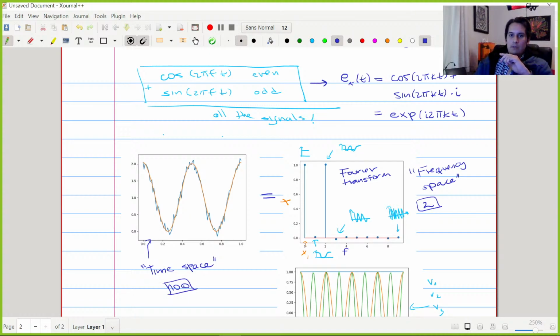So you can see maybe how this can have an influence in compression. You can, for example, take a signal, do something that is called the Fourier transform, then only save these 2 coefficients instead of 100.